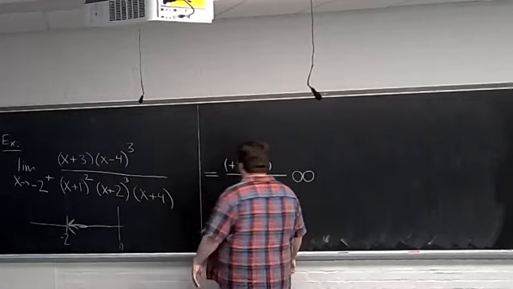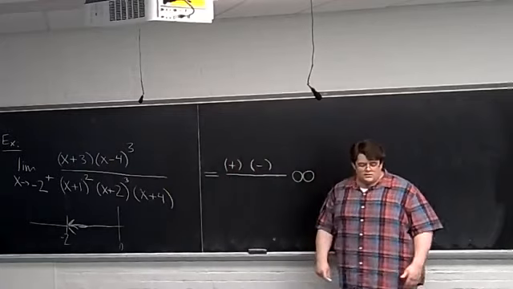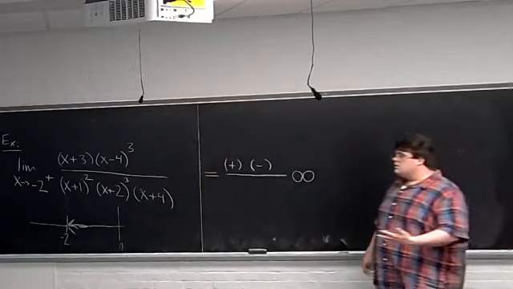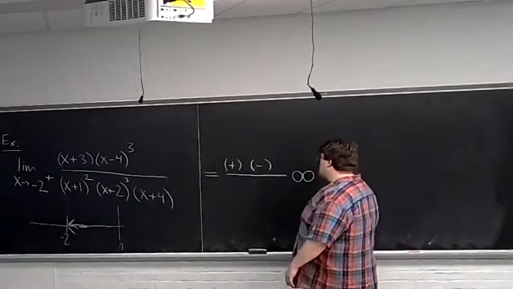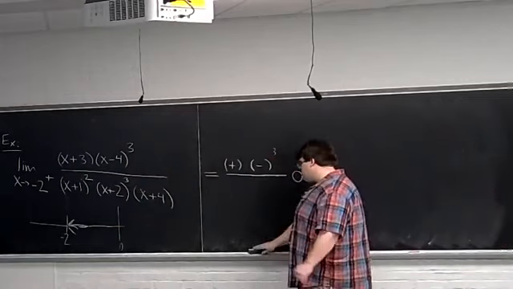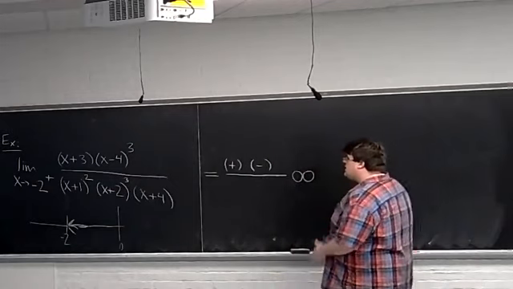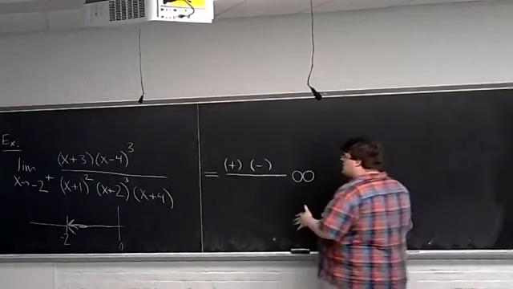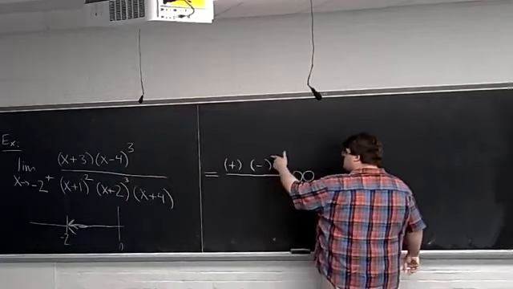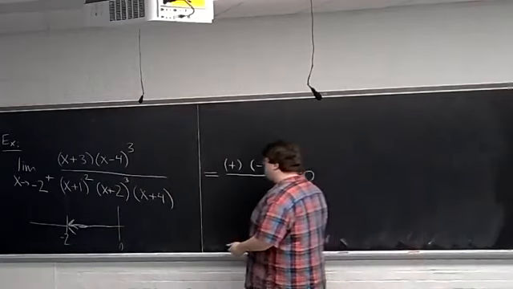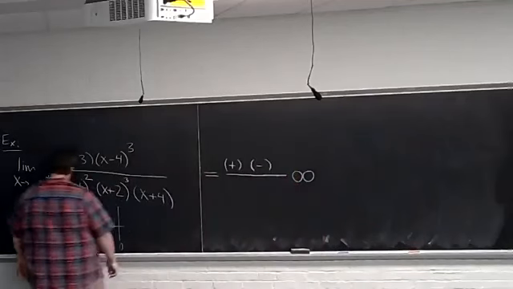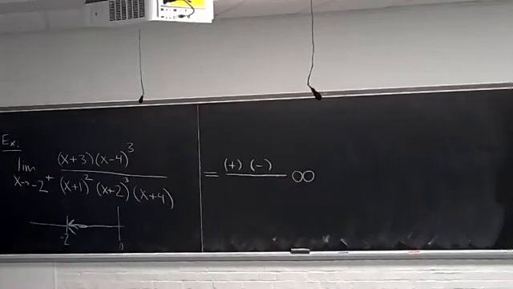And notice we have a negative cubed. Negative cubed is still negative. You could handle this by writing a cubed and then interpret it. I'm just going to leave it as a negative like that and take care of the cube by observing negative cubed is a negative. Any questions about the numerator?